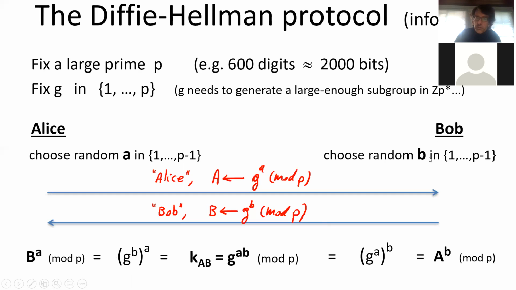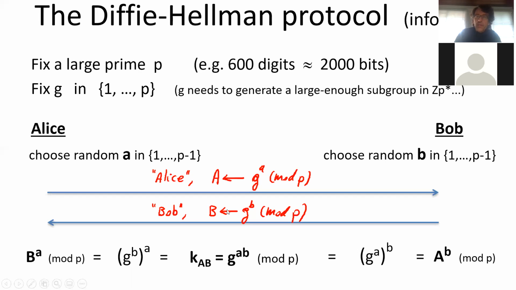And Bob can do this as well, taking Alice's message and exponentiating it to his exponent, which also results in an integer that is equal mod p to g to the a times b, right?